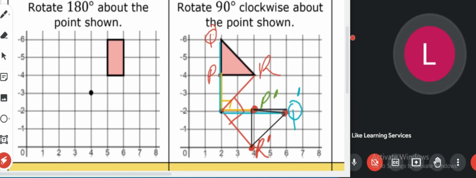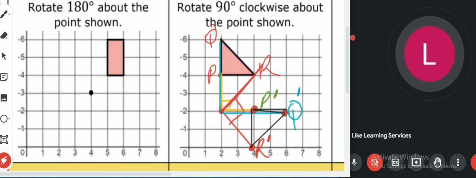For each one, draw a line from the center of rotation to the points, like from here to here.